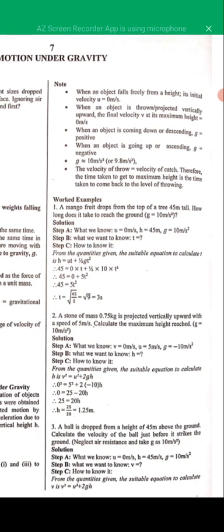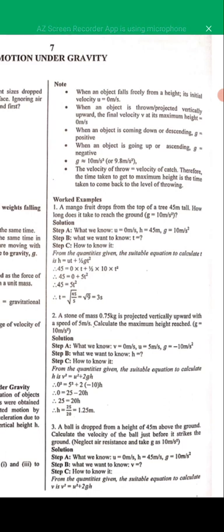Third, when an object is coming down or descending, g will be positive. I said that earlier. And when the body is going up or ascending, the value of g becomes negative. So g can be 10 meters per second squared, or you can be asked to use 9.8 meters per second squared.